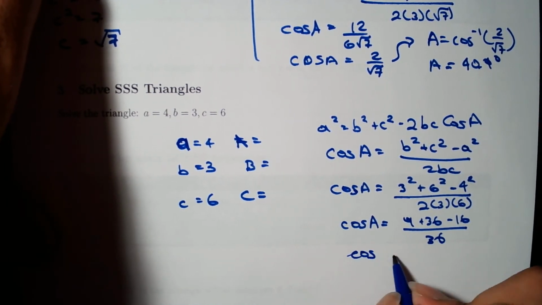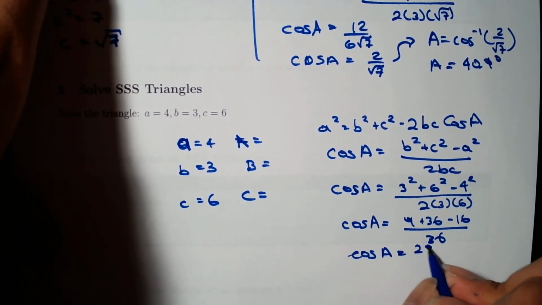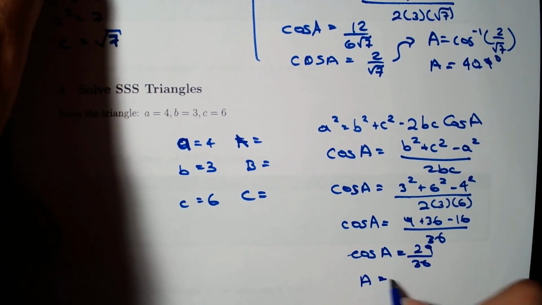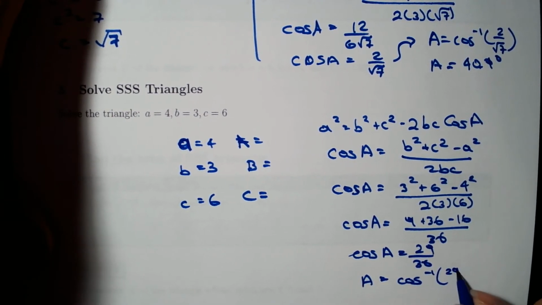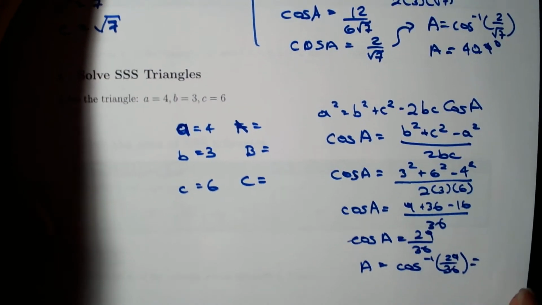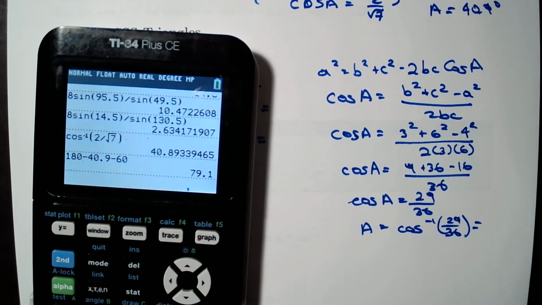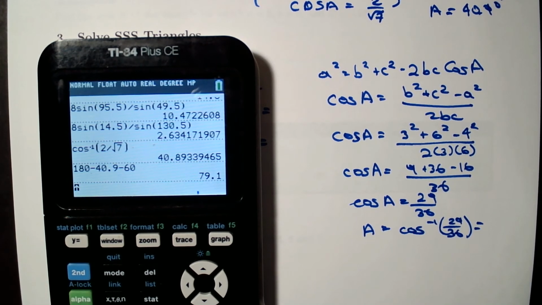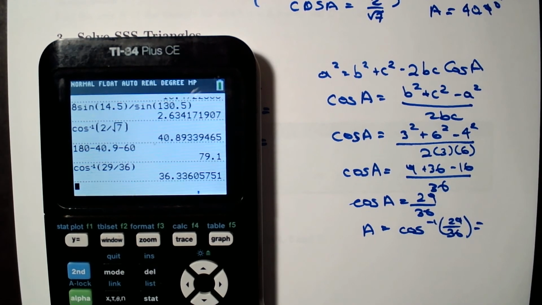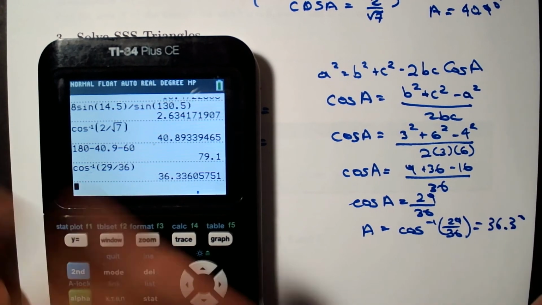So cosine of A equals, if we add this all up, 29 over 36, and we need A equals cosine inverse of 29 over 36, which, let's see, second cosine inverse of 29 over 36, and that's 36.3 degrees. So that's the angle A.